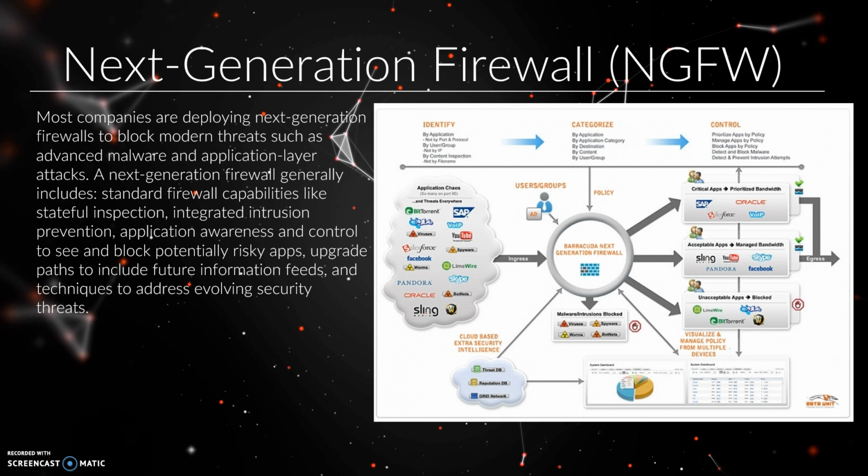So in this example, the critical apps are like Oracle and VoIP that have prioritized bandwidth. Then Sling, YouTube, Pandora, Facebook, all those are accepted and have managed bandwidth. And then it decided LimeWire, BitTorrent, and World of Warcraft for some reason are unacceptable and blocked them. Either maybe it detected malware or just found them to be too risky to allow through.